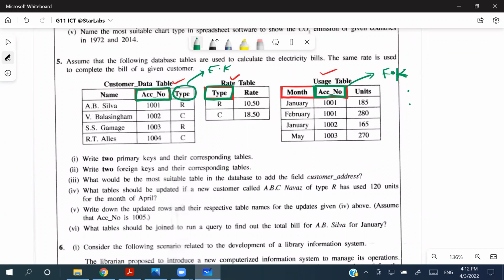So customer address means a data of a customer. So definitely the best thing is the customer data table. All right. So this should be the best place to have the customer address.